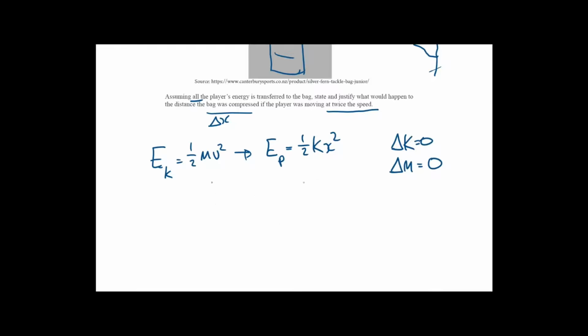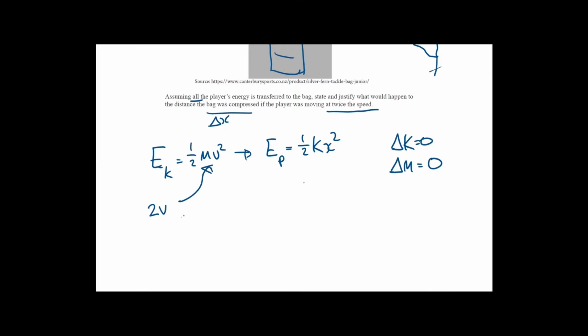So we can pretty much cancel those out straight away. But let's go. All right, when we double velocity, so instead of having V, we have 2V, and we put that in there.